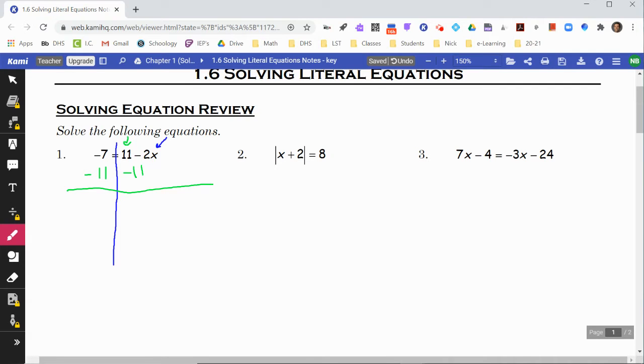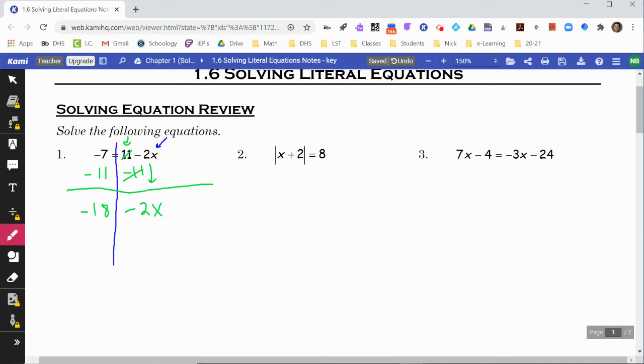I'm going to type that into my calculator, and I get -18 here. Now -11 minus 11 is 0, because it's canceled out because of that inverse operation. And I'm very carefully going to bring down this -2x. There is a minus sign in front of that 2x, so therefore it's a -2x. So I got rid of that 11.